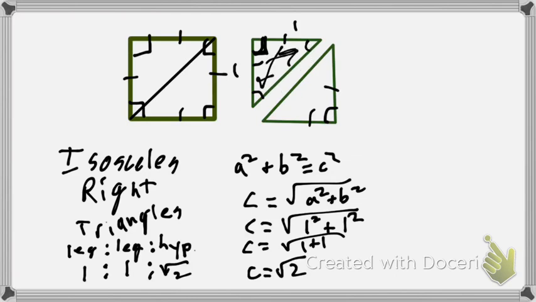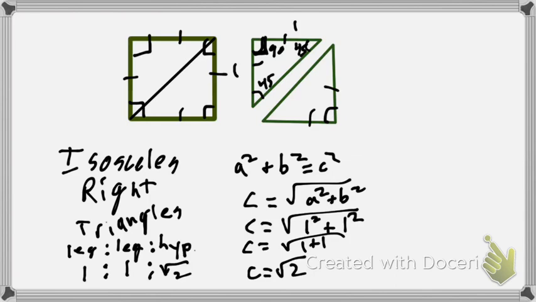Because it's an isosceles triangle, we know that the base angles have to be congruent. So we go 90 divided by 2 and get 45. So this is 90, this is 45, this is 45. So this is called an isosceles right triangle, or a 45-45-90 triangle.